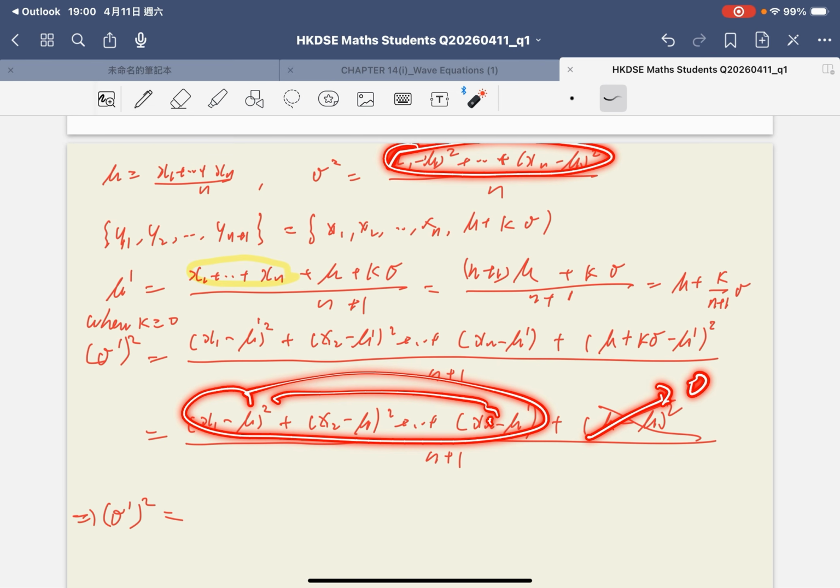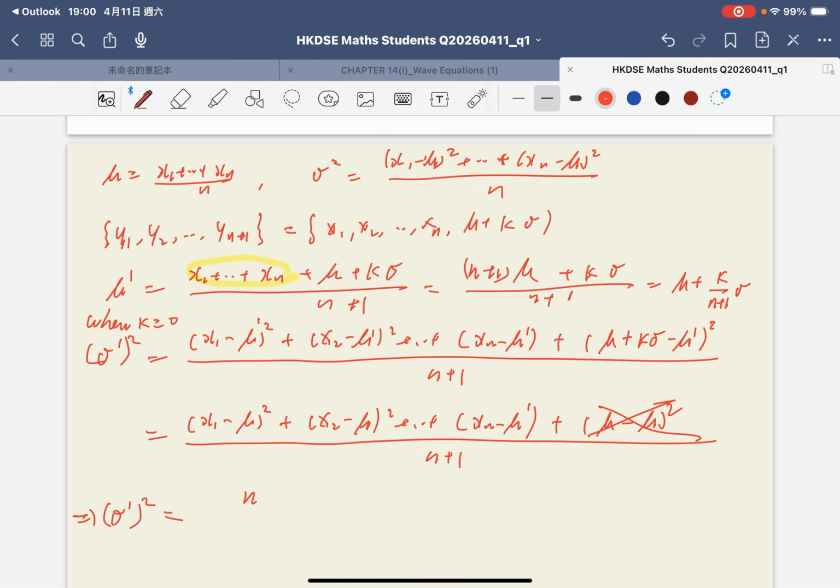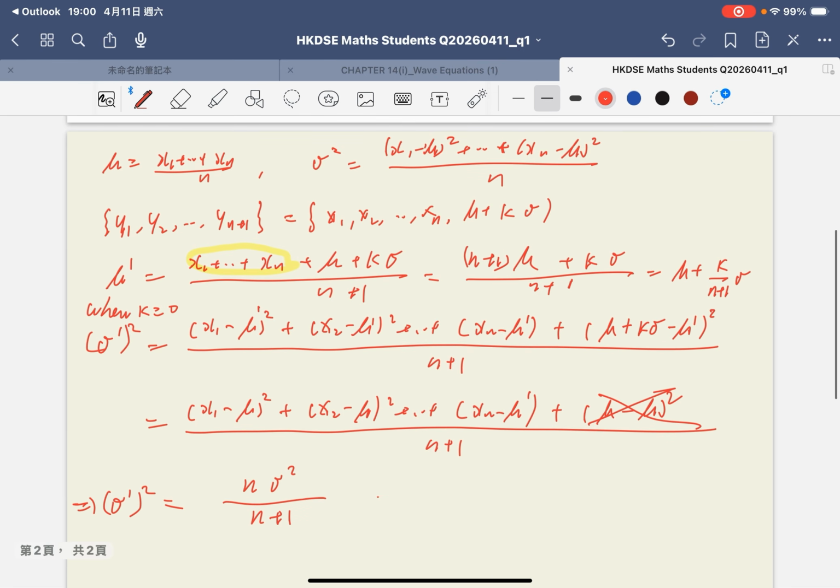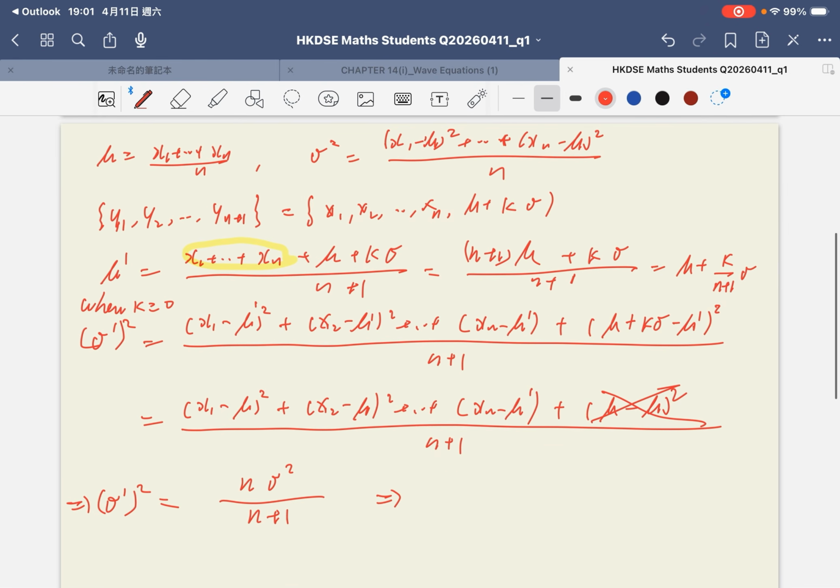So sigma pi square is n times sigma square over n plus 1. Therefore, in general, sigma pi square is actually less than sigma square.